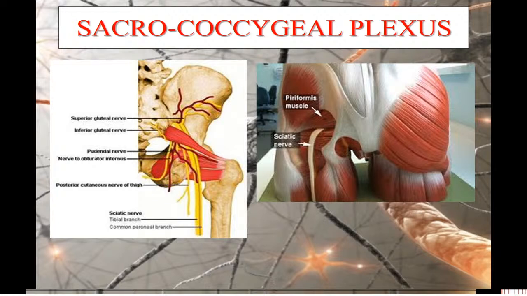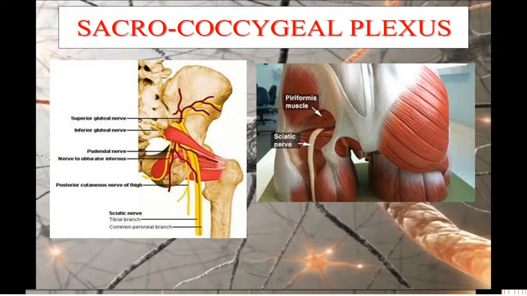Sciatic nerve, nervus ischiaticus, is the longest branch of sacrococcygeal plexus and is the thickest nerve in the human body. Its thickness can be compared with the thickness of the thumb in the person.